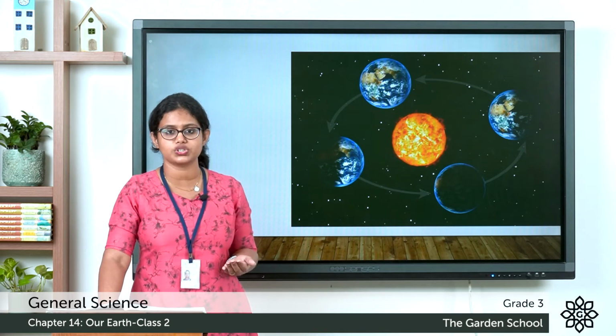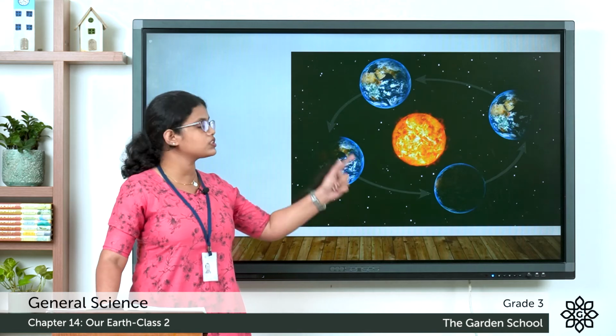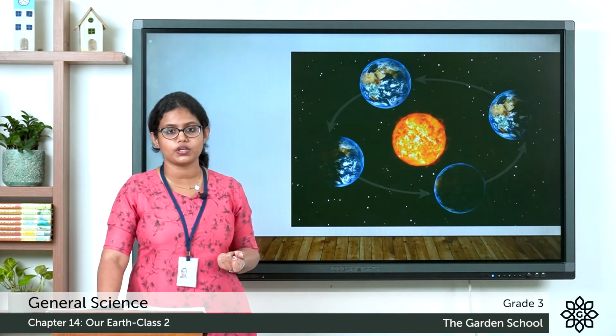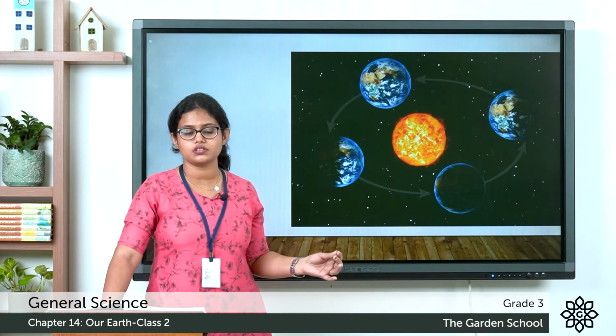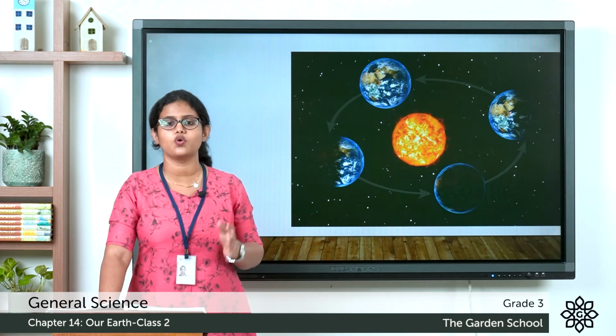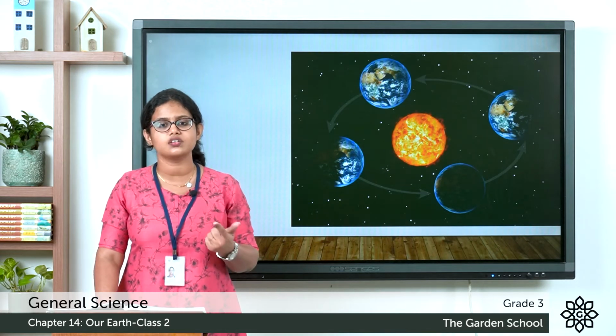And what is revolution? Revolution means the movement of the Earth around the sun in a definite path. And that path we call orbit. So the movement of the Earth around the sun in an orbit, we call revolution of the Earth. So I hope this is clear to you. There are two movements, rotation and revolution.